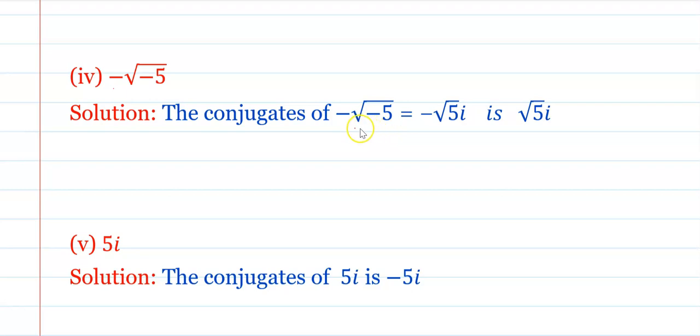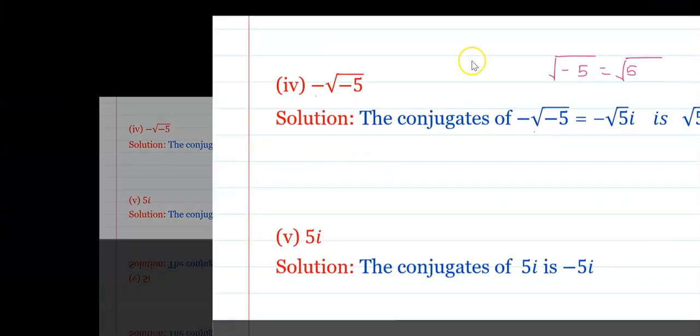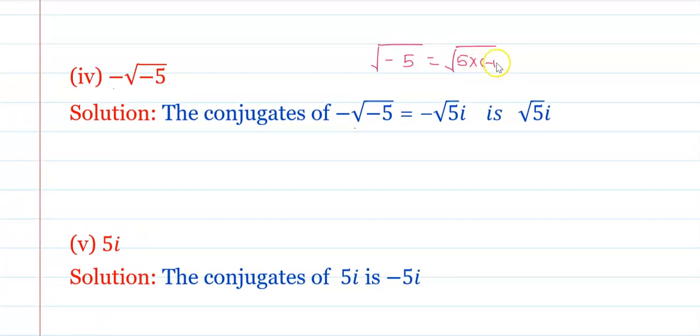आता complex number आपल्याला आधी लिहिणार आहोत. Minus root 5 means what? I will write here again. Minus root of 5 can be written as root of 5 into bracket minus 1. Okay, and here minus 1 means what? It is i square.